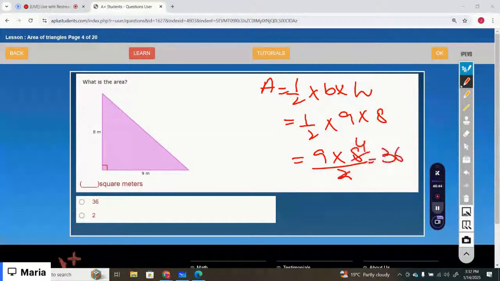So 9 times 4 is 36. So the correct option is 36.